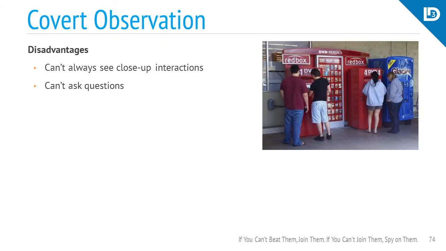A big problem with covert observation is you can't ask questions, and you can't understand what people are thinking. They're not thinking aloud. You can't always hear what they're doing and saying, because you're at a slight distance. So you end up seeing what people do, but you don't necessarily get the answers to why they do what they do. And so that's one of the problems.